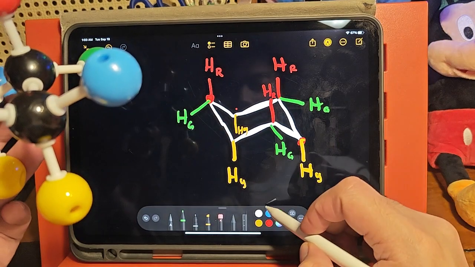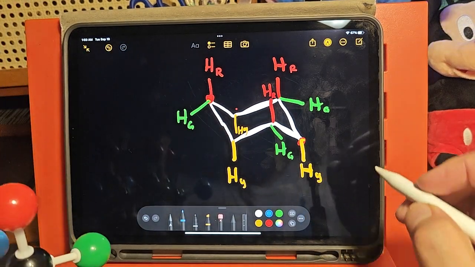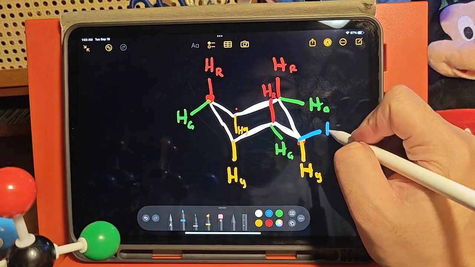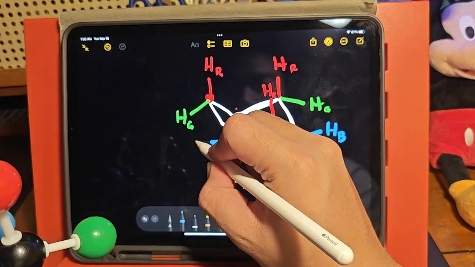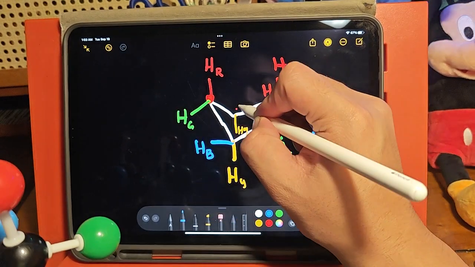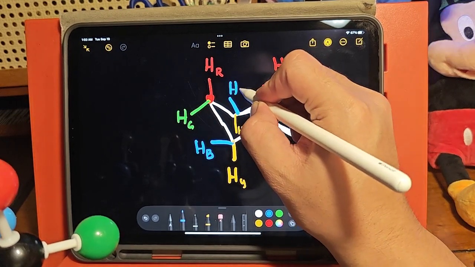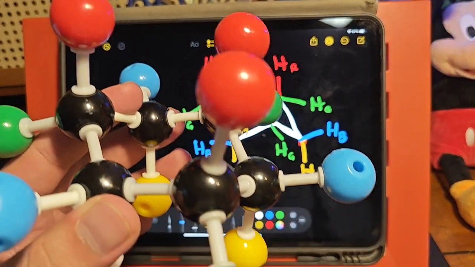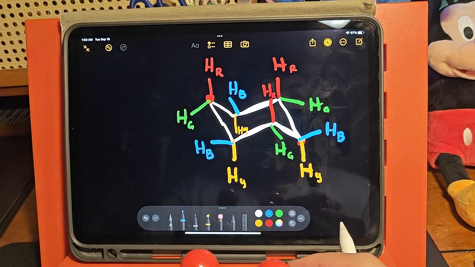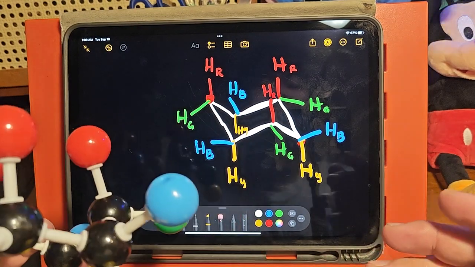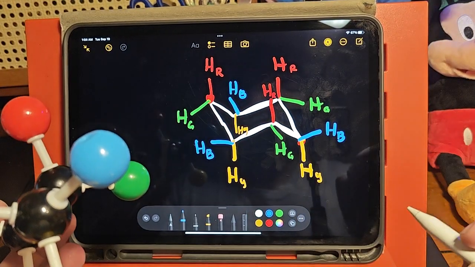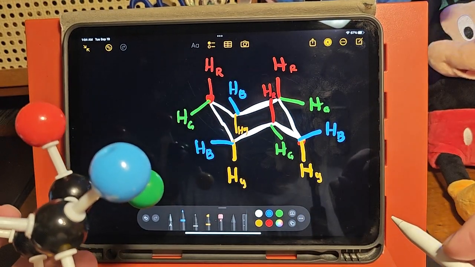And going to our drawing, we'll draw them going this way. H sub B for blue, H sub B for blue, and H sub B for blue. In your module, there is going to be a proper way to draw this chair conformation of cyclohexane.